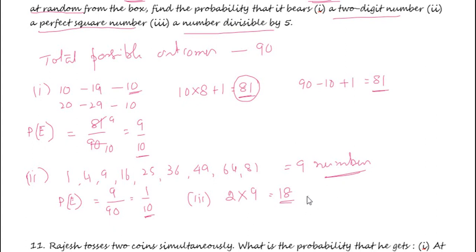So this is the favorable outcome. Therefore the probability of the event that the number we have drawn is divisible by 5 is 18 divided by 90. 18 fives are 90, so the answer is 1 by 5.